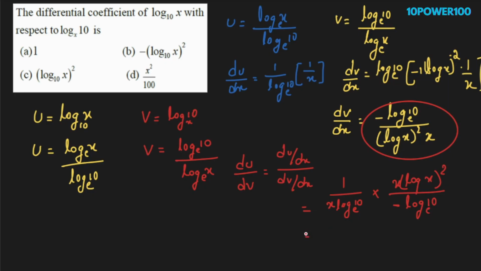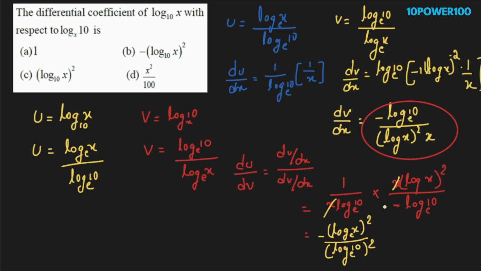So what do we get? x and x get cancelled out. Okay, let's cancel that by using a different color. So this x and this x get cancelled out. We end up getting minus of log x the whole square the base e divided by log 10 the base e the whole square, because log 10 into log 10 we multiplied, no?